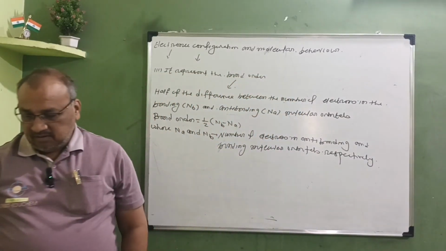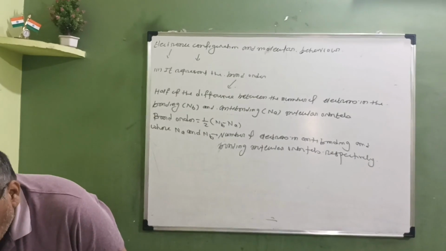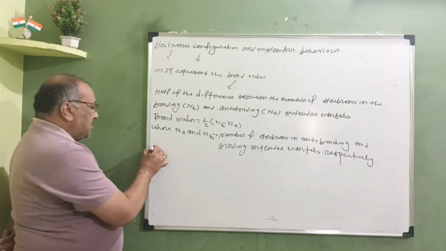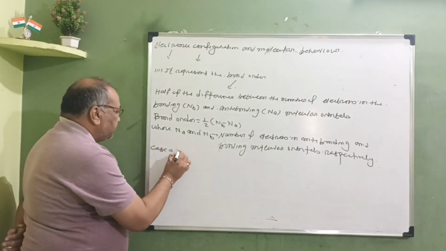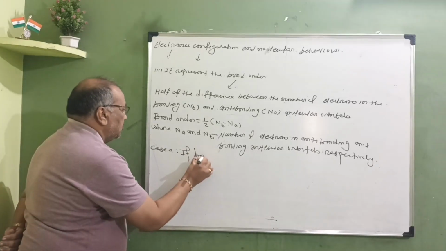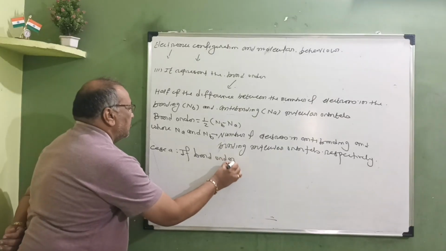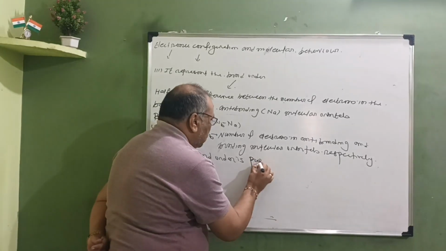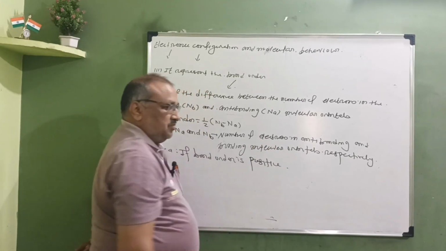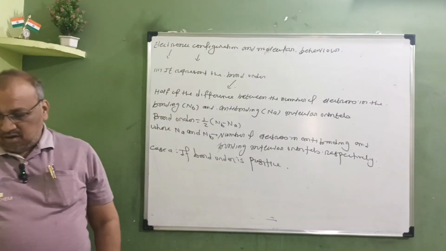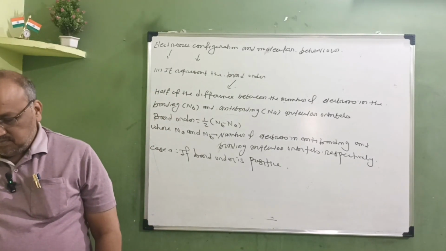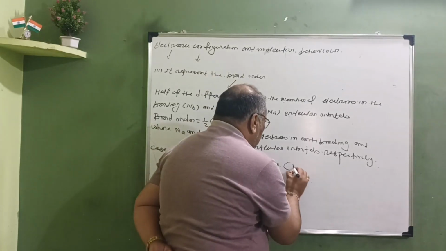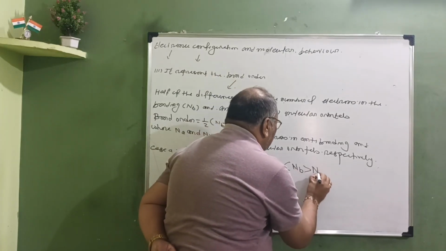That means here, write down case A. If bond order is positive, ultimately bond order is positive means Nb is greater than Na.